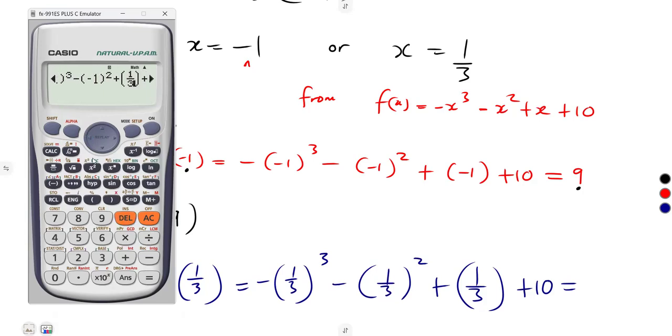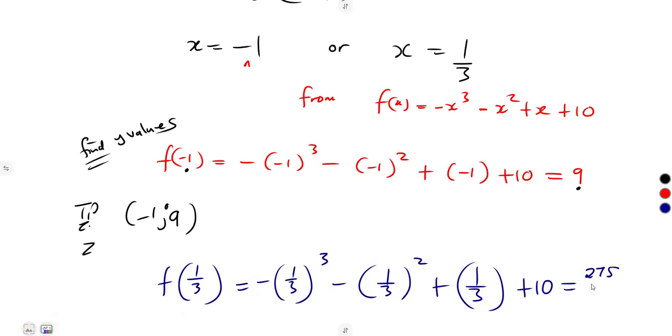That was going to give us 10 and 5 over 27, which is the same as 275 over 27.